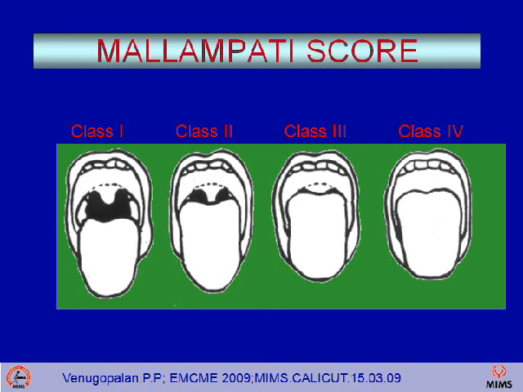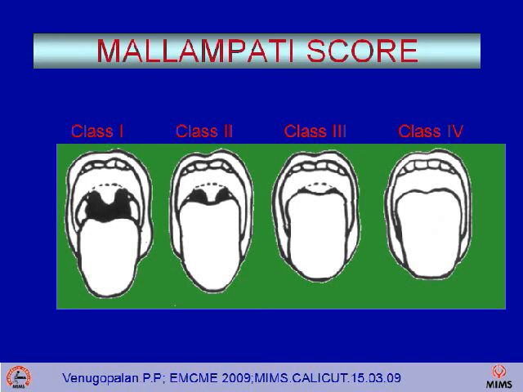Mallampati score has four classes, class 1 to 4. Class 1 is the easiest one and class 4 is the most difficult one, and 2 and 3 are intermediate. In class 1, you can see the whole oral cavity including the uvula and the tonsillar pillars. In class 4, you can't see anything in the oral cavity.